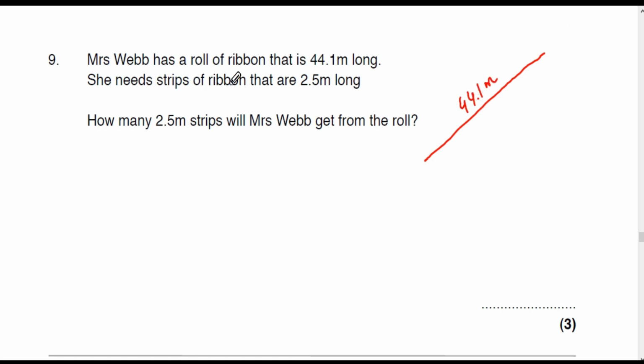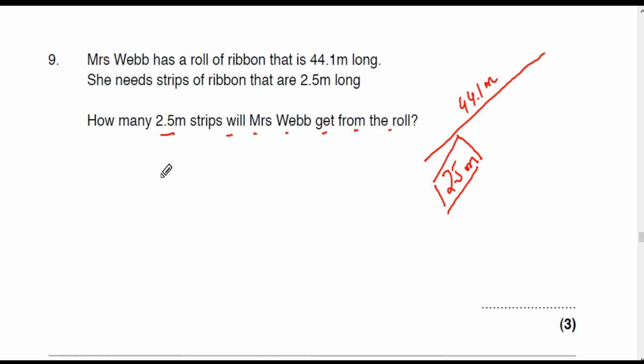She needs strips of ribbon that are 2.5 meters long each. So when you are given a big thing and you need to divide it into small things, obviously you have to divide it. So how many 2.5 meter strips will Mrs. Webb get from the roll?